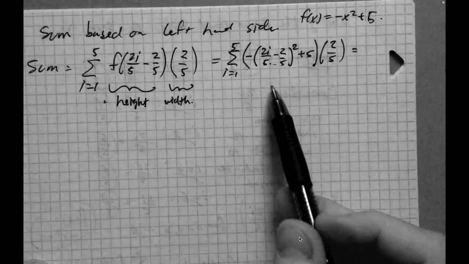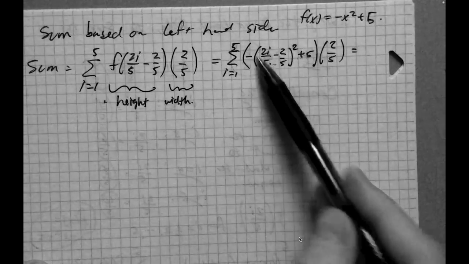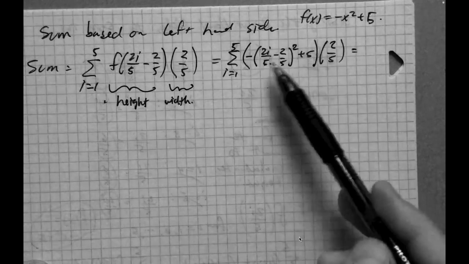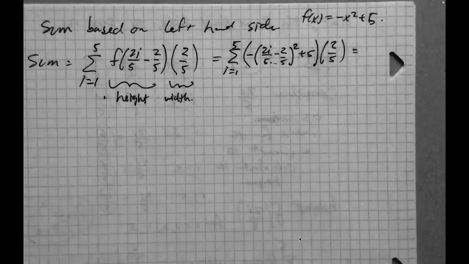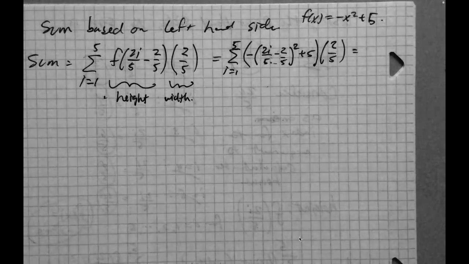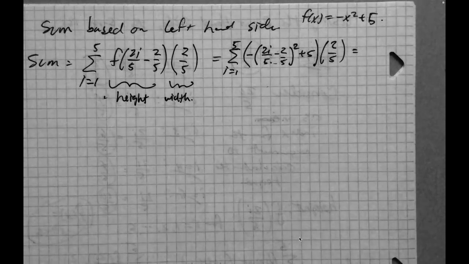Just like in the previous example, you could go through and figure out what this sum amounts to. It's a little more complicated. You'd have to square this term, collect terms, and then distribute the 2/5 across everything. What you'd end up with looks a bit like a polynomial with some rational coefficients, and you could factor it all out. You'd have an i squared term, an i term, and a constant.